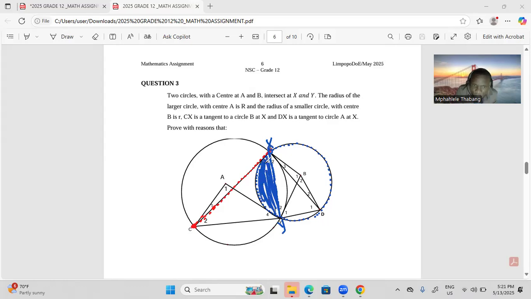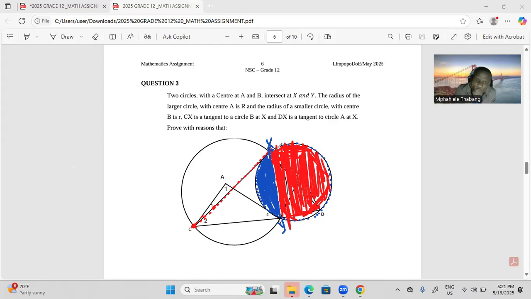The smaller segment of the circle, just because XY is a chord. And the other segment is this one. This is the bigger segment. So your circle is divided into two segments. The chord divides the circle into two segments.